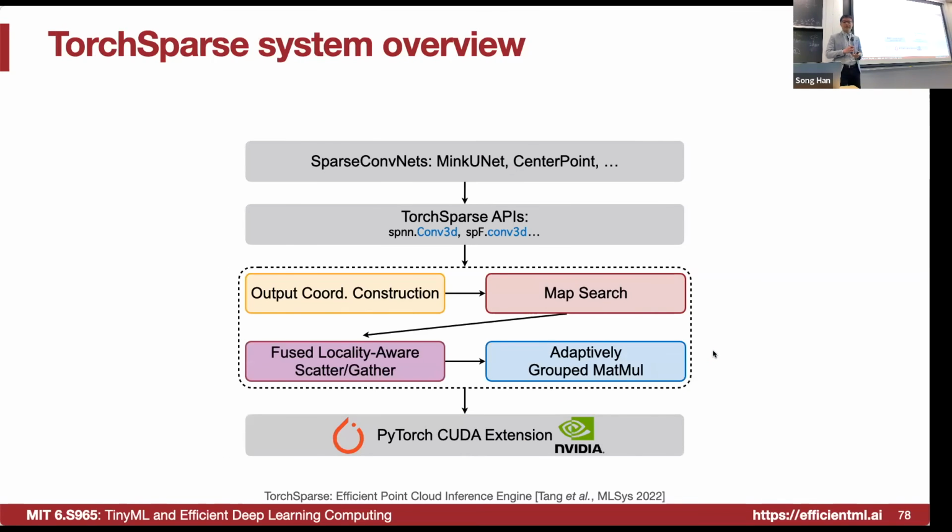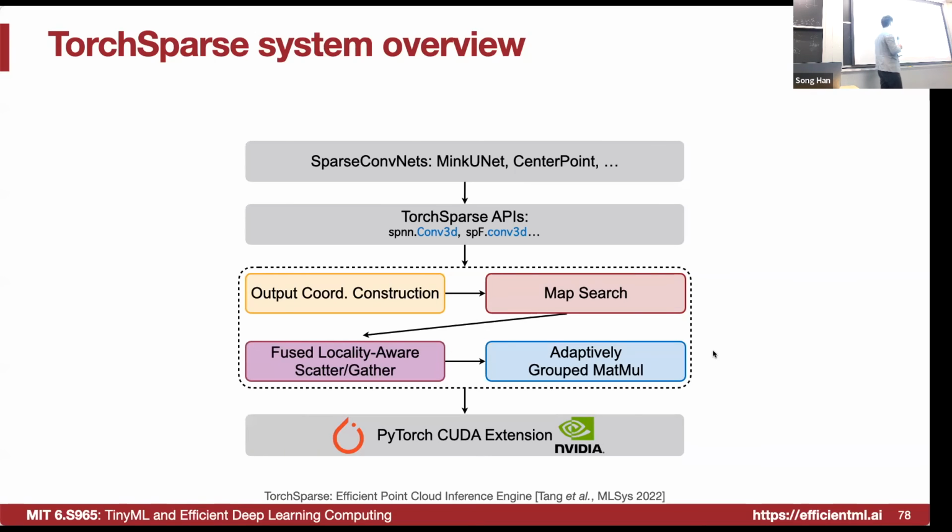So to make it easier, we built this tool called TorchSparse that performs this 3D sparse convolution so that we can use the same interface as a 2D convolution. We first do the coordinate construction. Similar to what we just described, not all the input-output pairs are interacting with the same kernel.